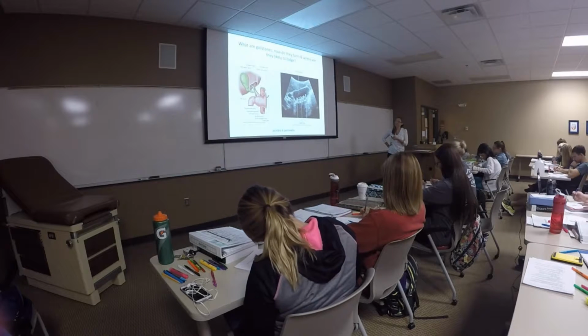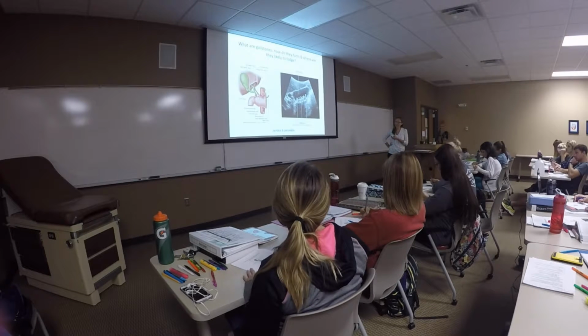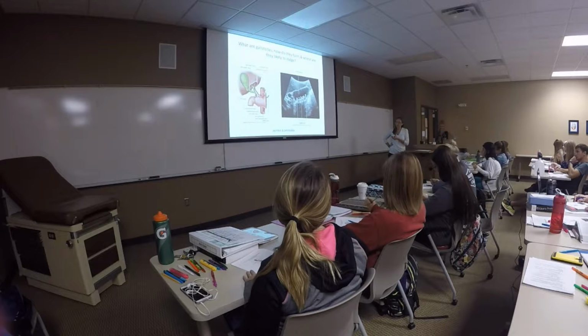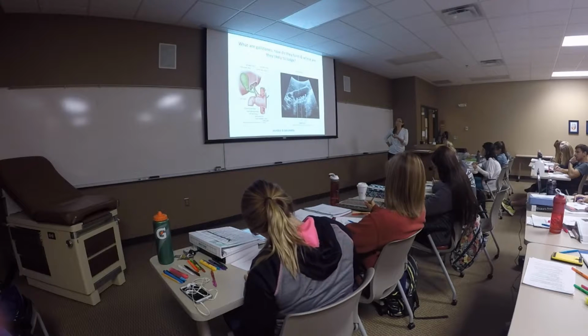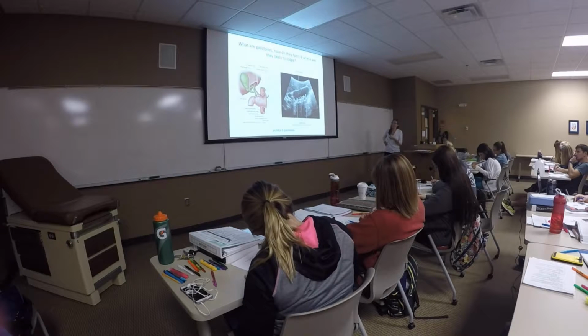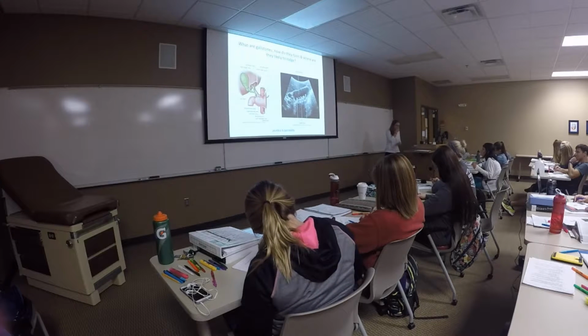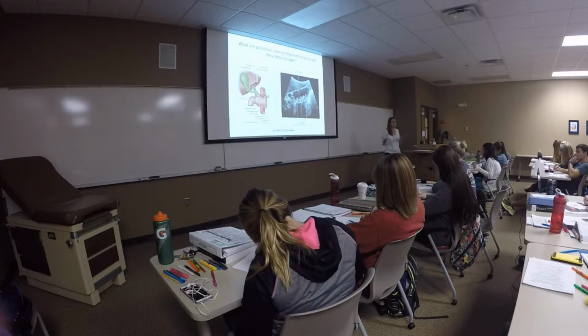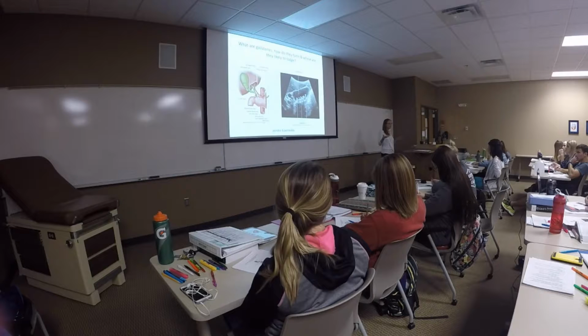If it gets blocked here at the border of the bile duct, then you have not only backing up of the bile in the gallbladder and inflammation of the gallbladder, you also have it backing up into the liver here, and that can eventually allow the bile pigments to build up in the liver tissue, and also in other tissues in the body and end up causing jaundice.